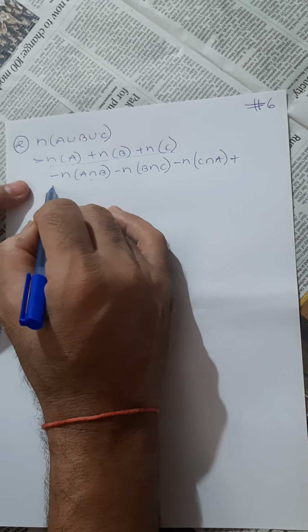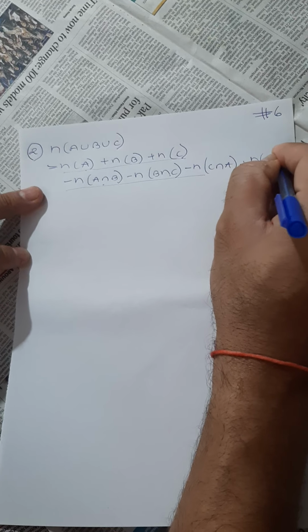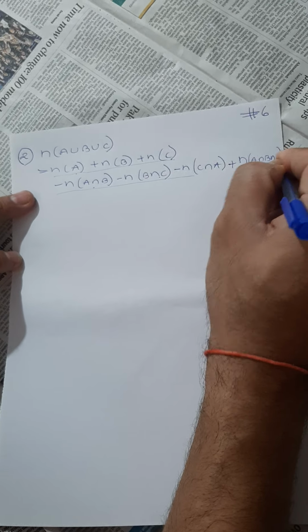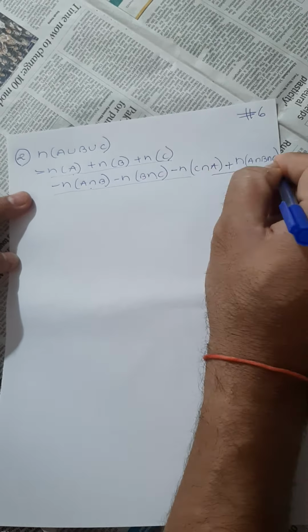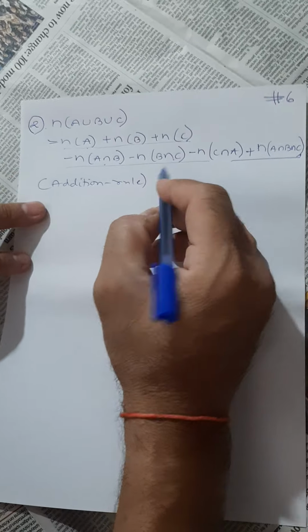First 3 plus signs, then minus signs, and at the end plus n of A intersection B intersection C. This is sometimes called the addition rule for 3 sets. The first one was also an addition rule.